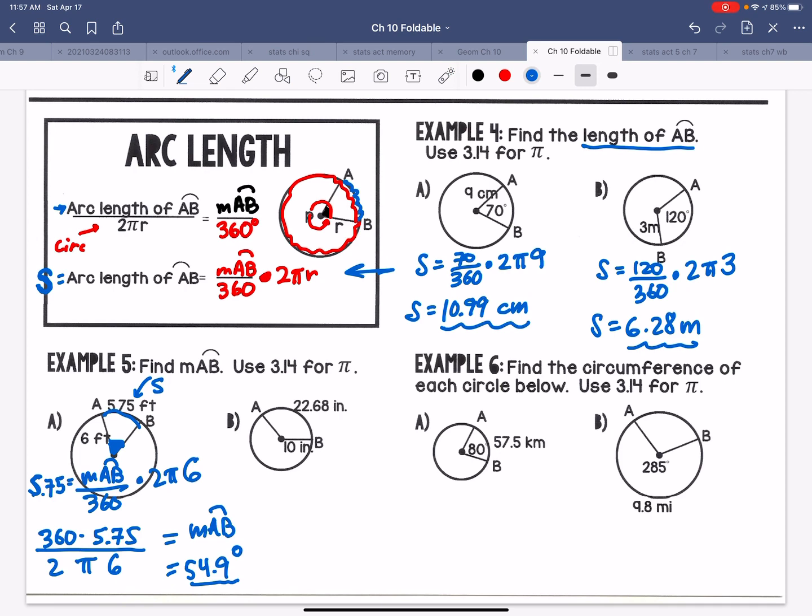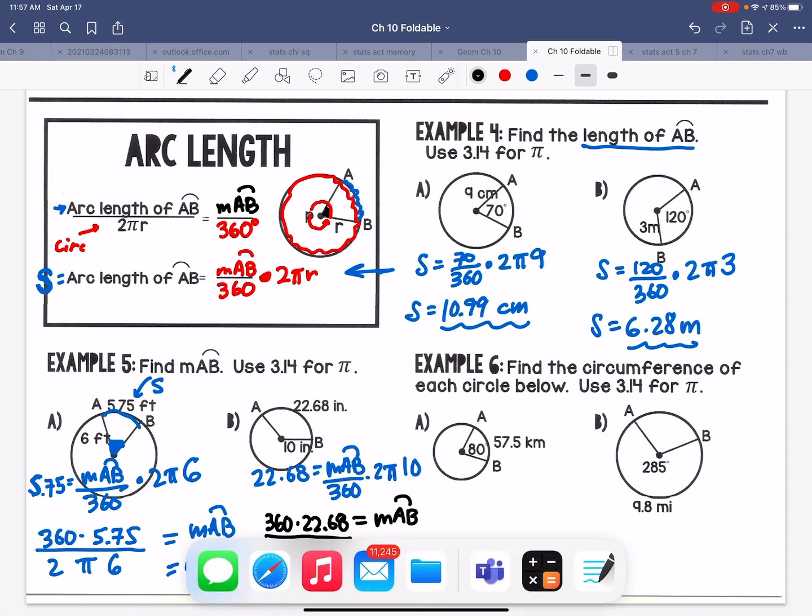Now, same thing. We take our arc length and put it equal to the measure of that arc in a ratio with 360 times 2 pi, and our radius here is 10. So moving the 360 up with the 2268 and the 2 pi and 10 down, we should get our arc length. 2268.